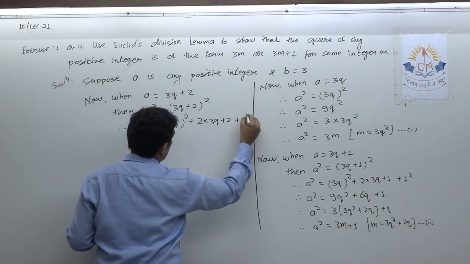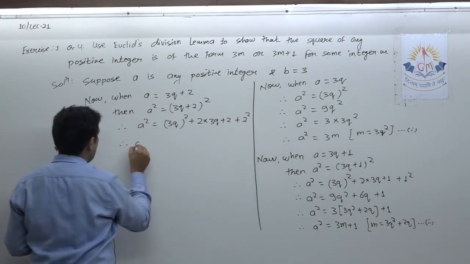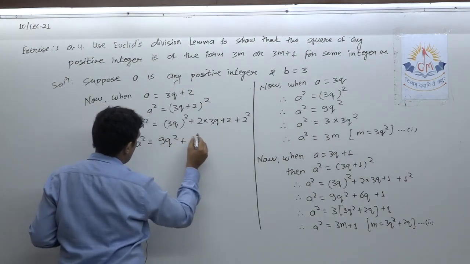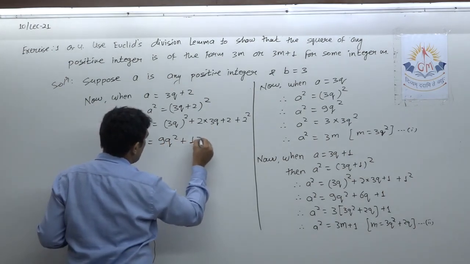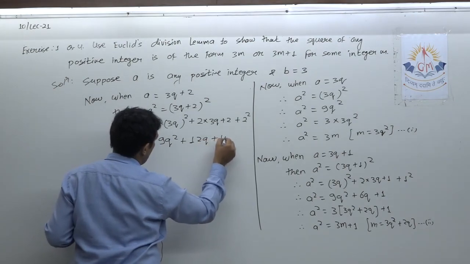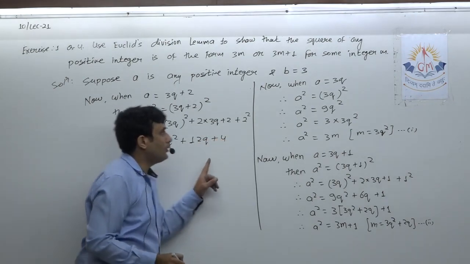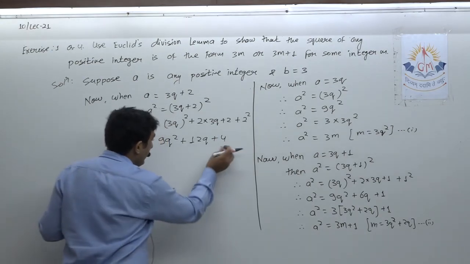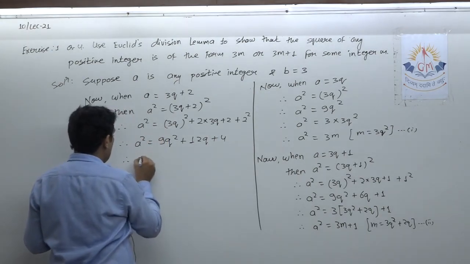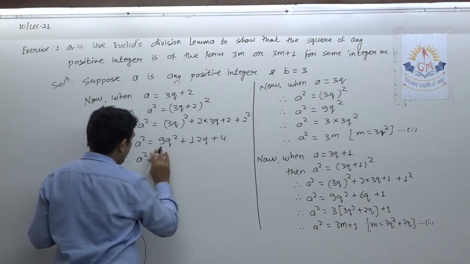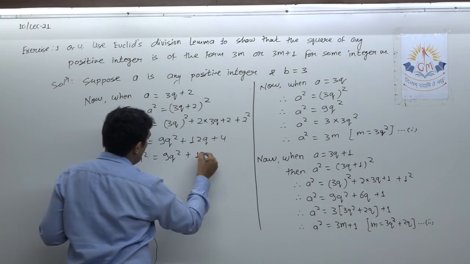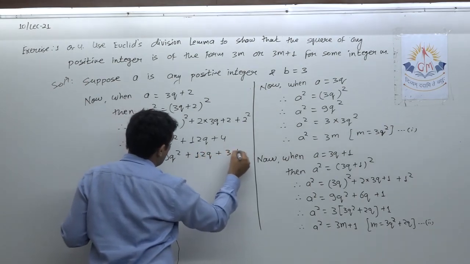So this gives me a square is equal to 9q square plus 12q plus 4. Now again it is not possible to take 3 common from all these, but I can split this 4 as 3 plus 1.